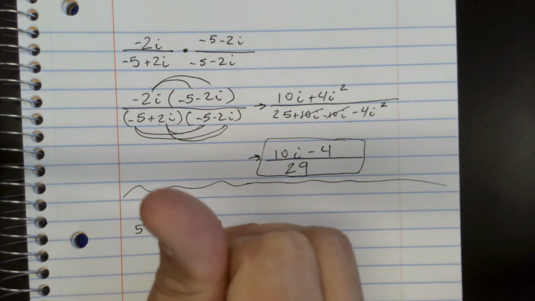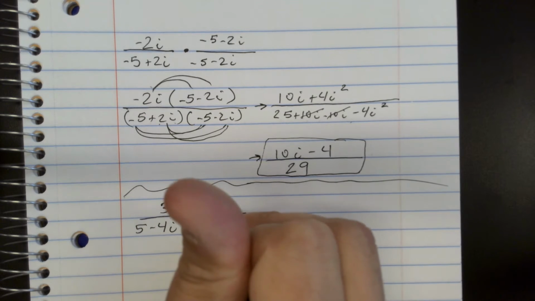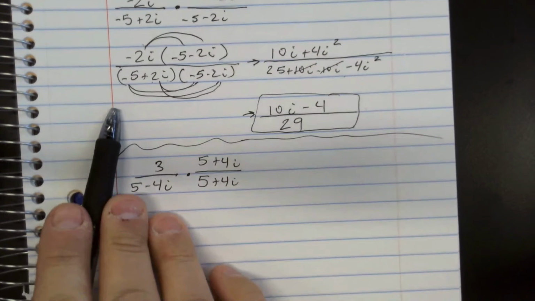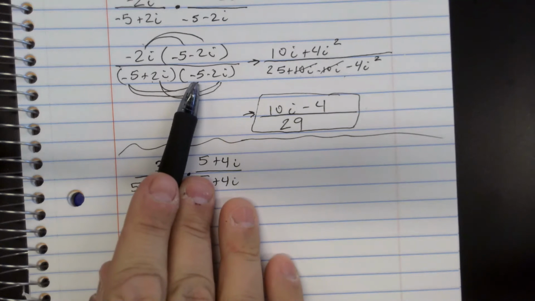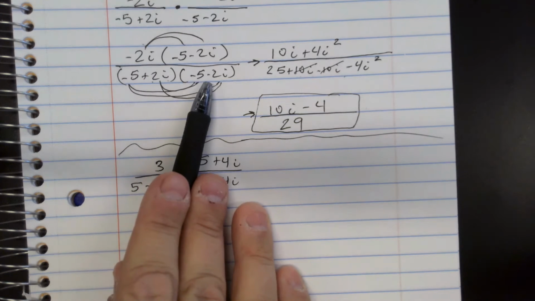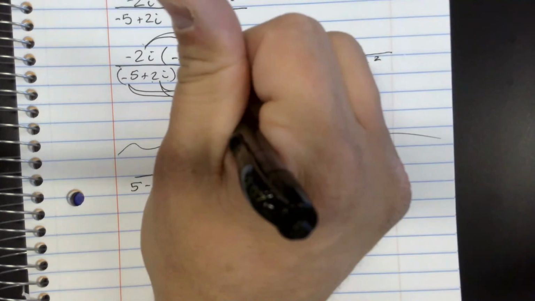So we're going to times the top and the bottom by the conjugate. Yep, so we only changed the middle sign. If you notice up here in the problem right above, we didn't change the negative 5. The only sign we changed is the middle sign. Okay, the only sign you change is the middle sign.